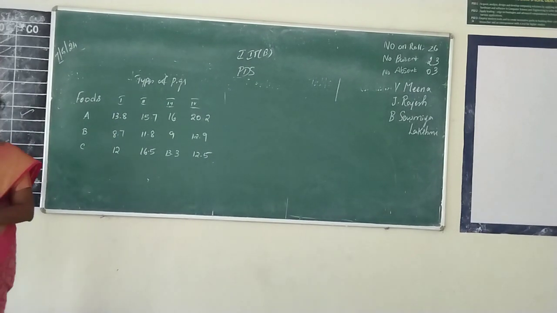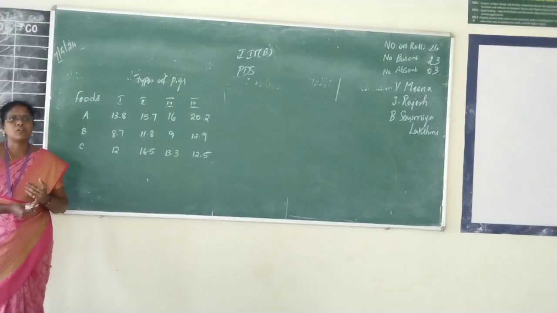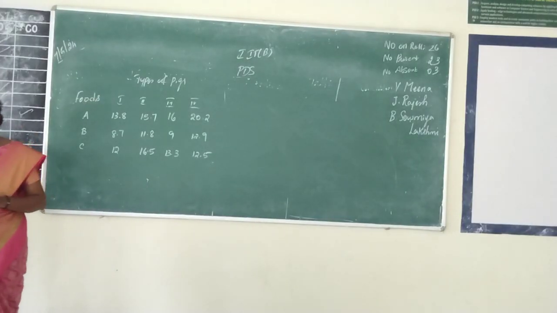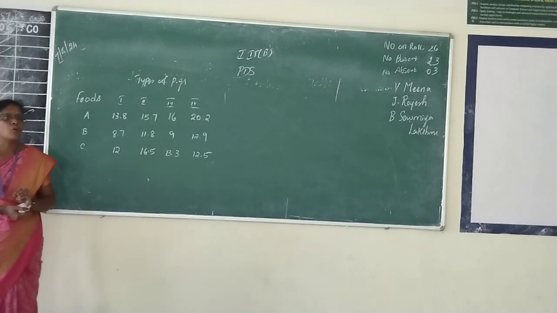What is step one? H0, H1. H0: first assumption, there is no significant difference between columns. Second assumption, there is no significant difference between rows.